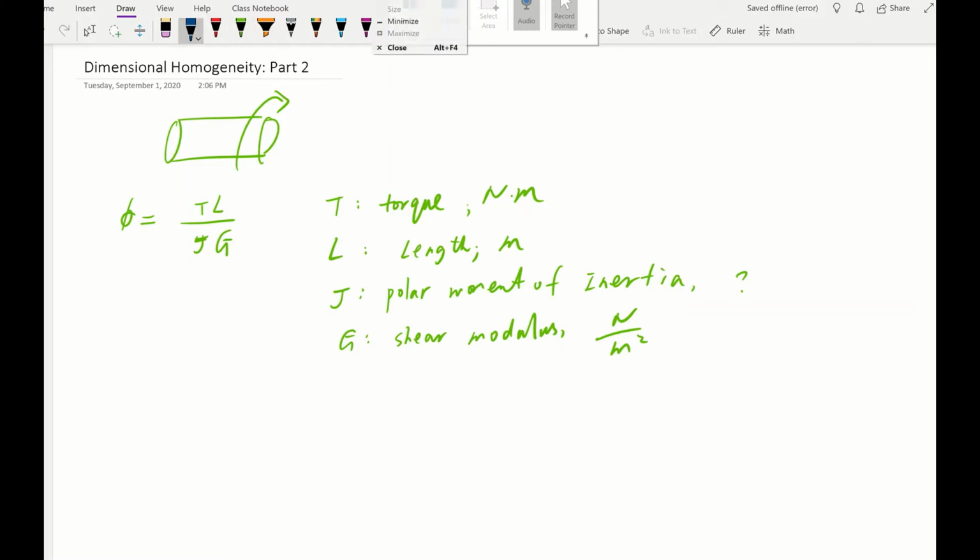Okay, so how do we solve this? First, I suggest substituting all the known units into the equation. This is the angle of twist, and this angle is going to be in units of radians, not degrees. Radians basically means no unit, dimensionless.